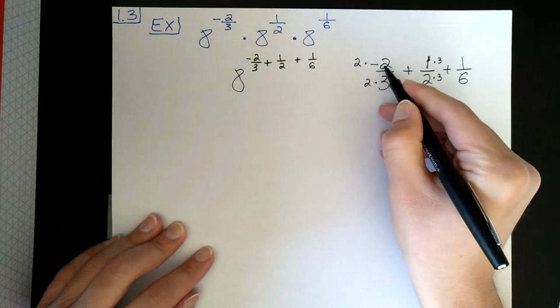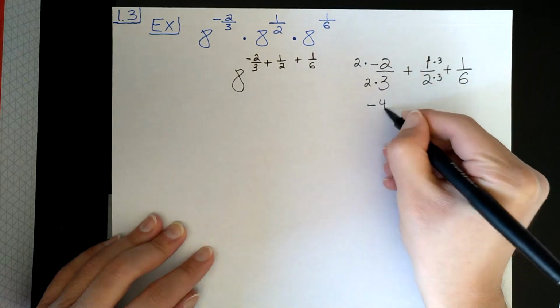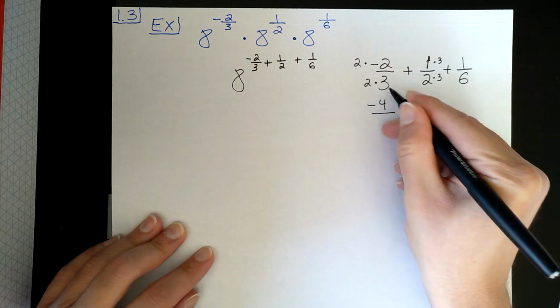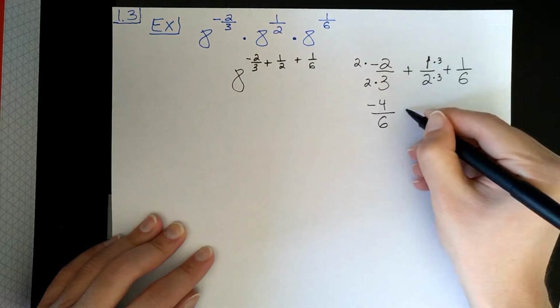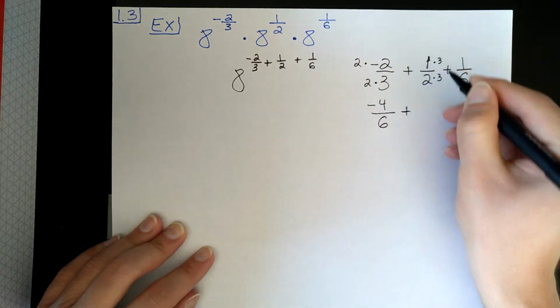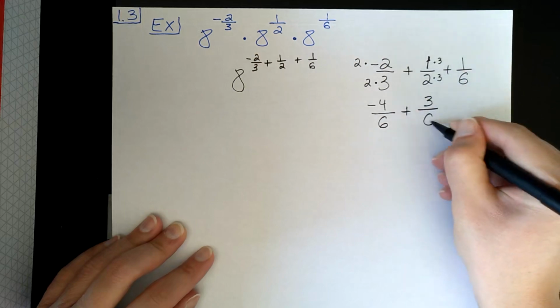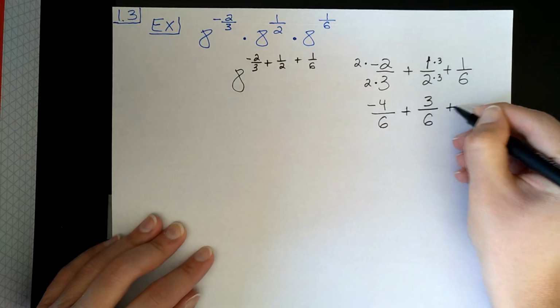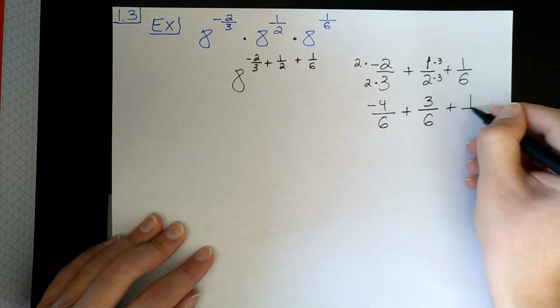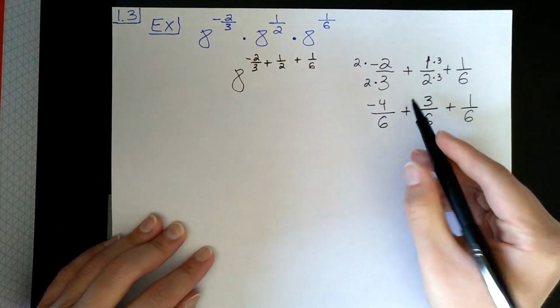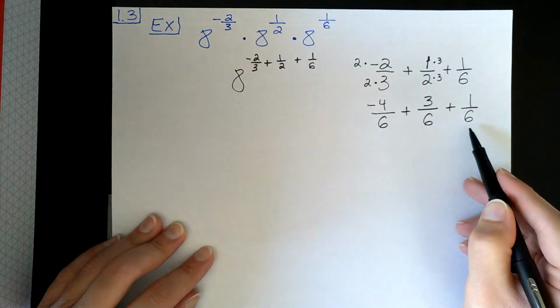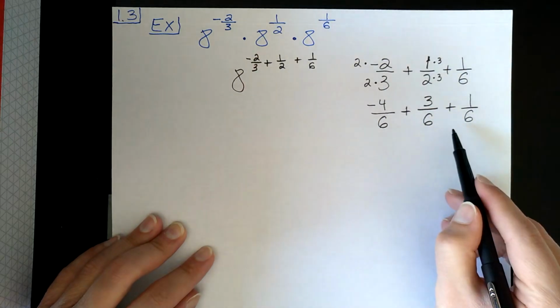So we get 2 times negative 2 is negative 4, over 2 times 3 is 6, plus 1 times 3 is 3, over 2 times 3 is 6, plus 1/6.